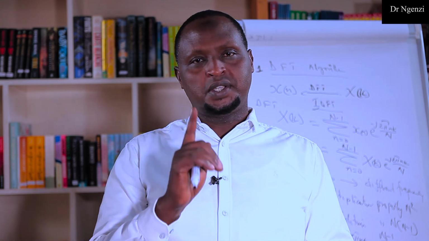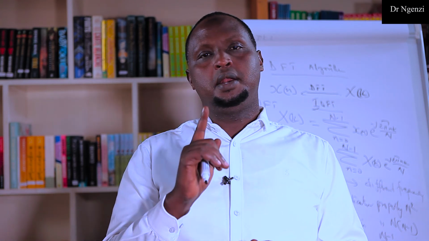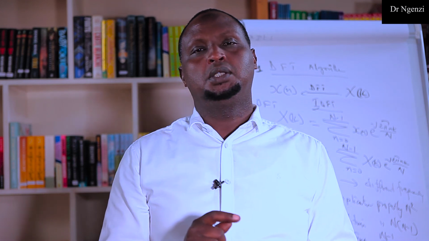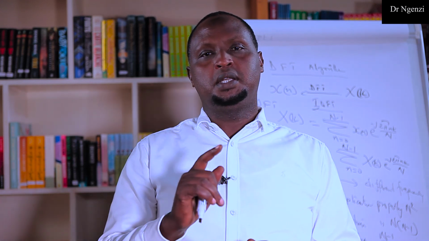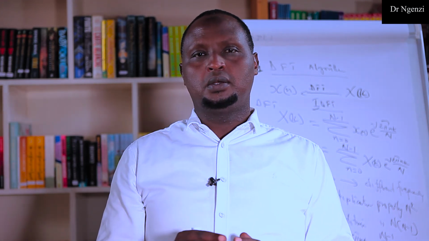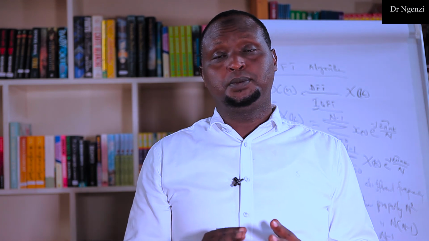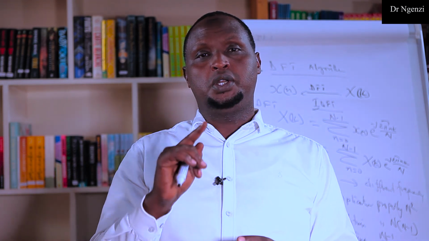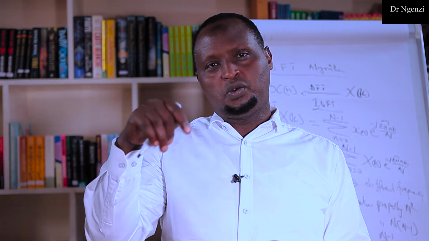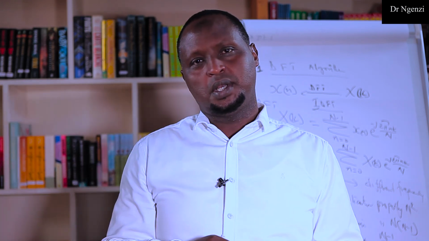The first is the complex multiplication property, whereby we get N squared. The second is the complex addition property, which is N times N minus 1.